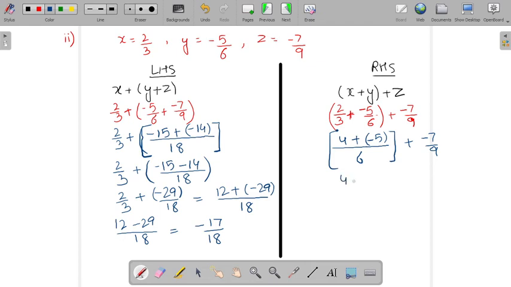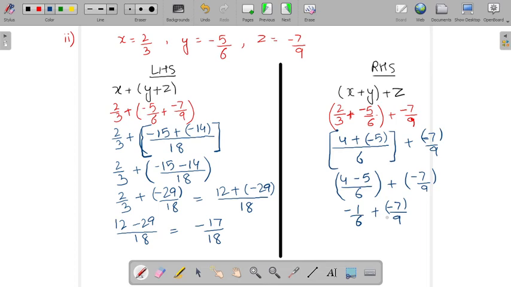Now open the bracket, plus multiply minus, so -5 upon 6 plus -7 by 9. You can keep this term also in the bracket. So 4 minus 5 would be -1 upon 6 plus -7 upon 9.